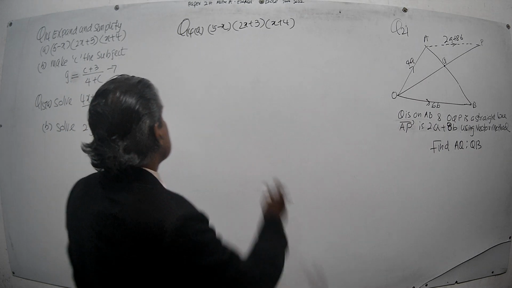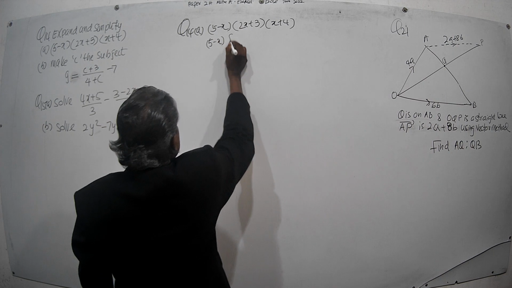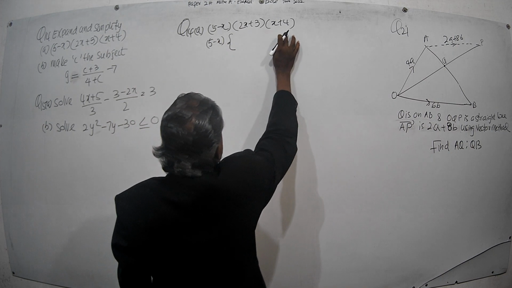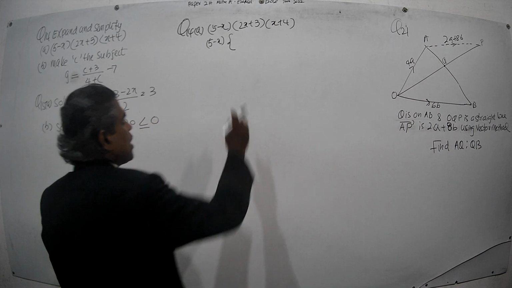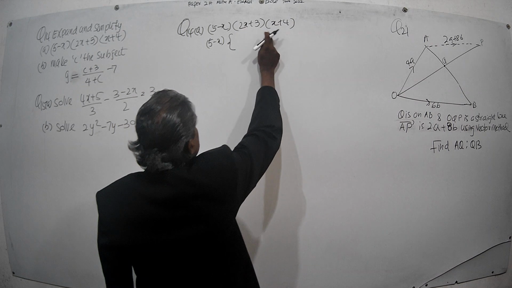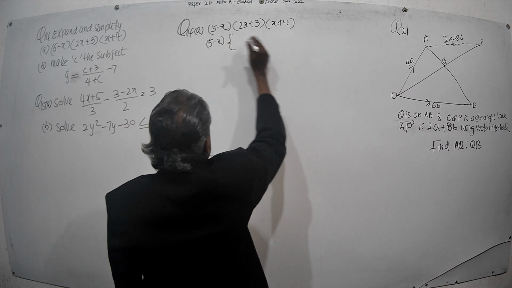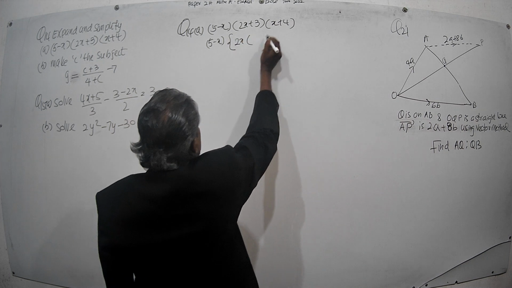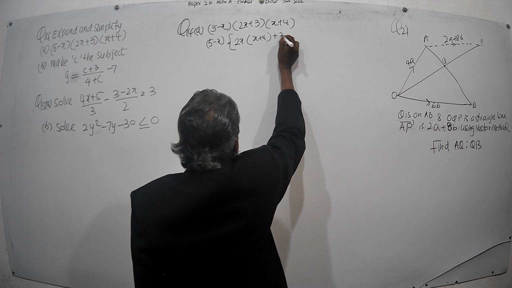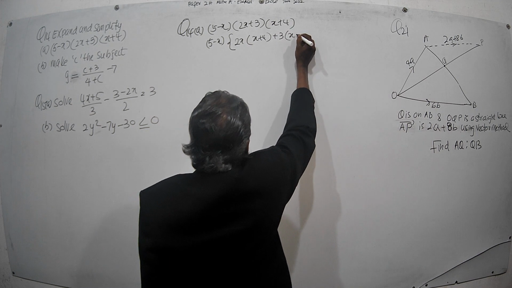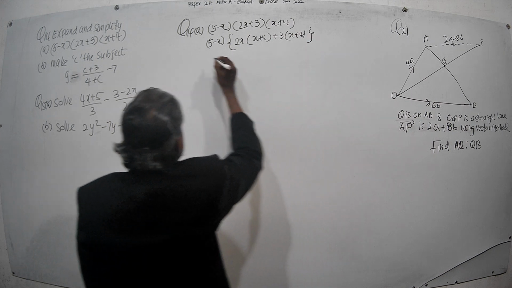First of all, leaving this 5 minus x here, we will multiply these two. By this 2x, you multiply this whole thing, then by this plus 3 also. 2x is multiplied by x plus 4, and this plus 3 also you multiply by that x plus 4. Same thing. Okay. Alright. Now we will do that.